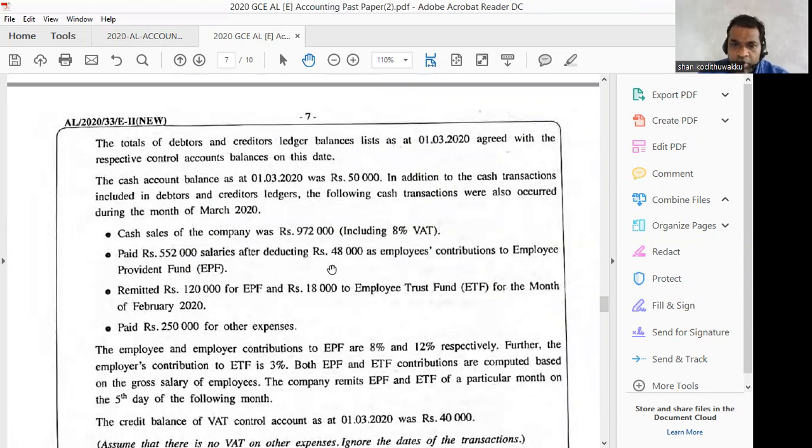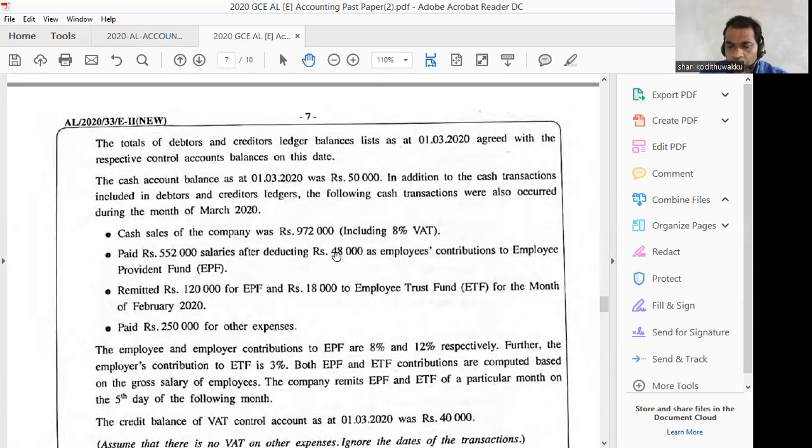Even though it is not given, they have mentioned the employee and employer contributions to EPF are 8% and 12% respectively. Therefore, 48,000 is equal to 8%. Now we have recorded that, but again we had to find 12% of gross salary, then record it.